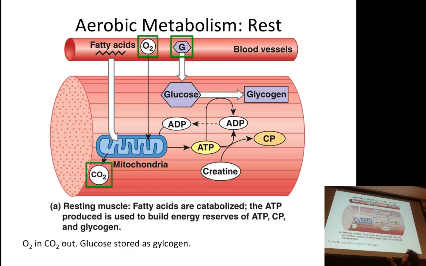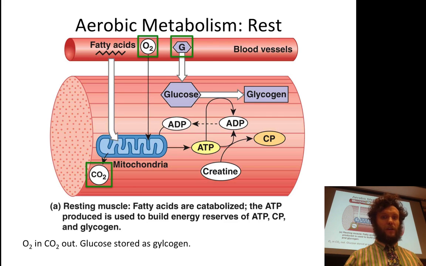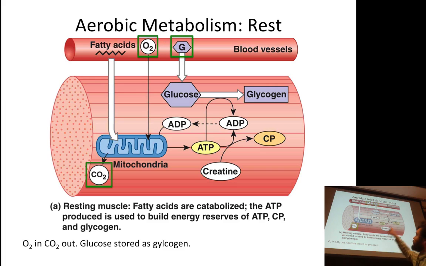The energy from burning those fats is being used to recycle the ATP in the mitochondria to help store the glucose as glycogen and some of the phosphate energy as creatine phosphate. Capiche? The carbon is circled in green, the oxygen is next to it, and then the output is the carbon dioxide.